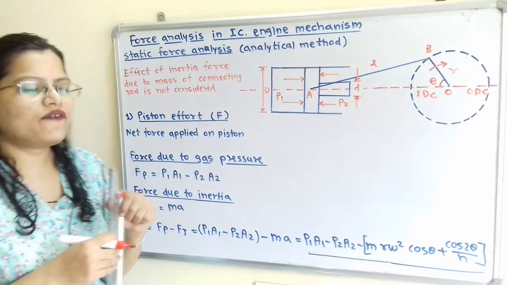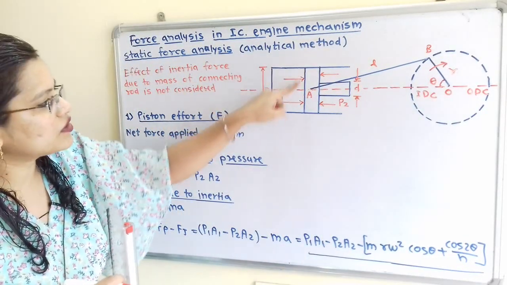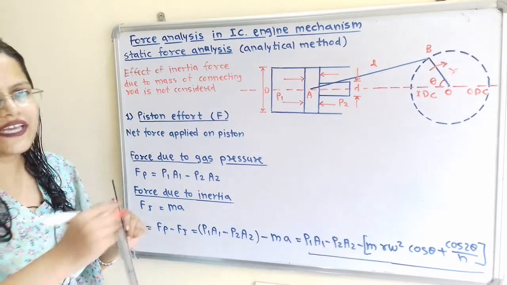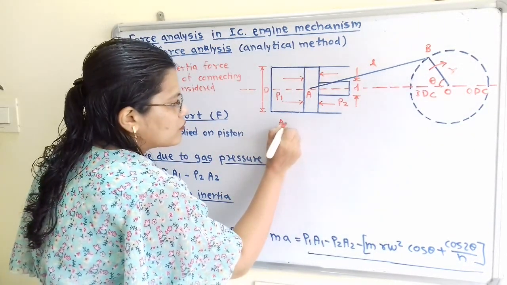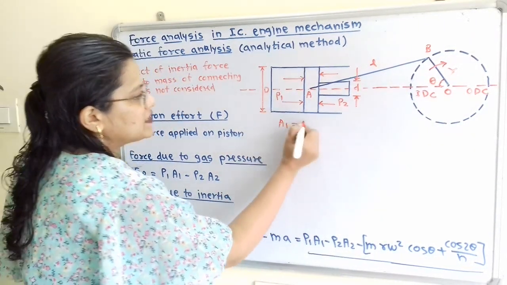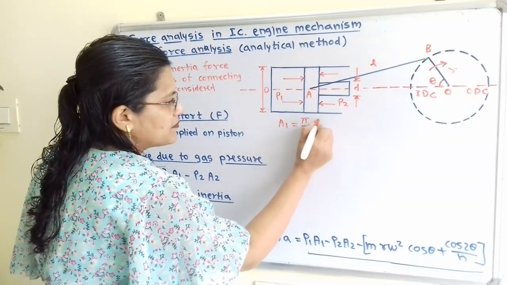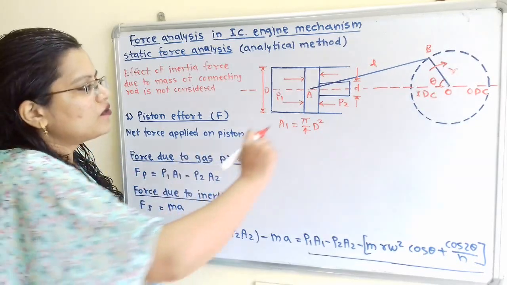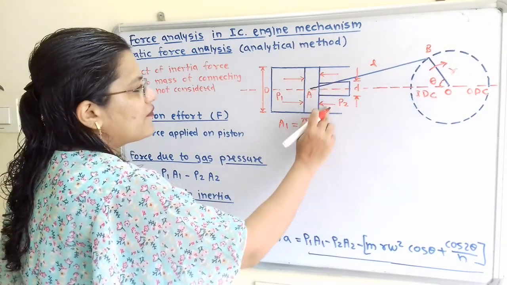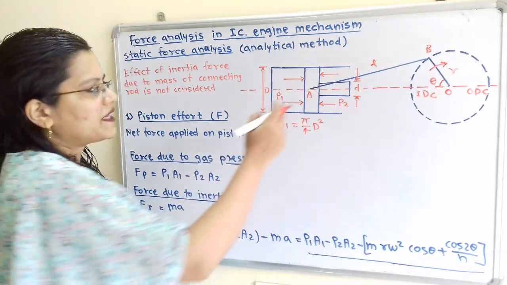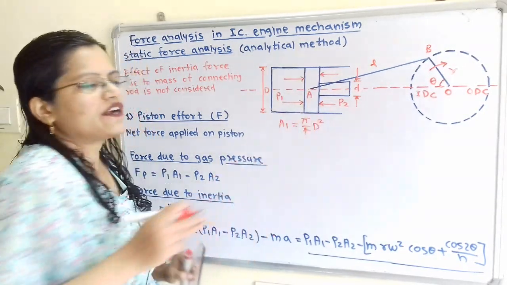Now the area of exposure of this gas on this piston is known as area A1. So how to calculate this area A1? So A1 is equal to pi by 4 d square. Now how to calculate the area of exposure of the atmospheric air on the other side of the piston?